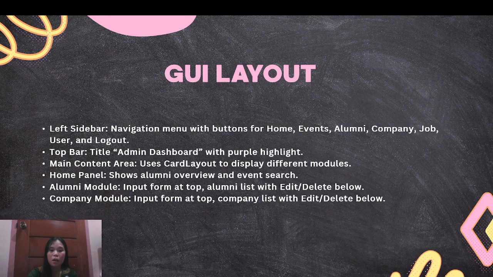In the alumni and company modules, a form appears at the top while a scrollable list with edit and delete buttons appears below. So this ensures that even if the data grows large, the interface stays manageable.